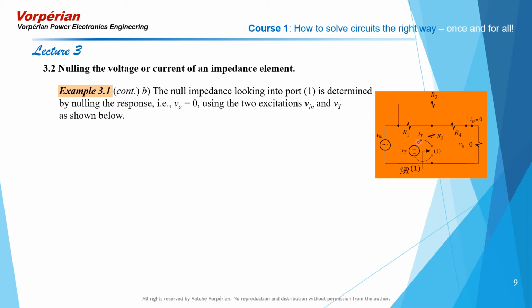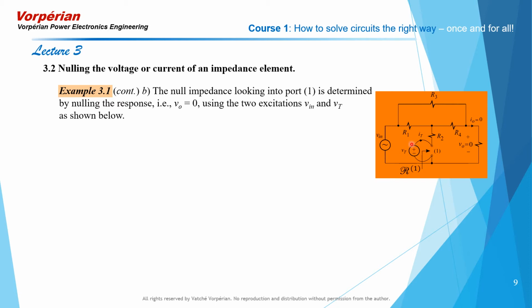Purposely, I did this so that you can understand that whenever you're performing an impedance calculation looking into a port of a network, you have the full freedom to choose a voltage or a current source connected at that point. Or you may just connect nothing and do it by inspection. So it is immaterial what you connect at that port to do an impedance calculation. You have the full freedom to do whatever you like.